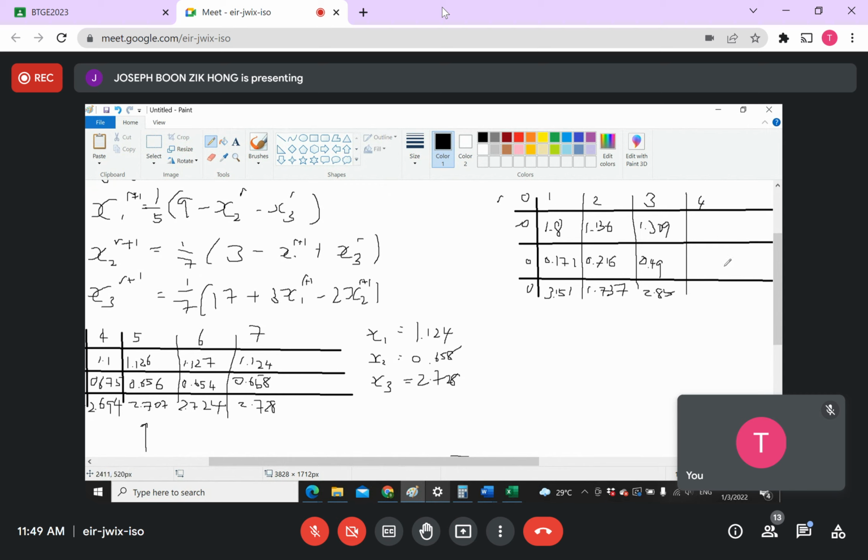So 1.132. Okay, 3 minus 1.132 plus 2.85 divided by 7, 0.674. 17 plus 3 times 1.132 minus 2 times 0.674. 2.721. So it's very near already.